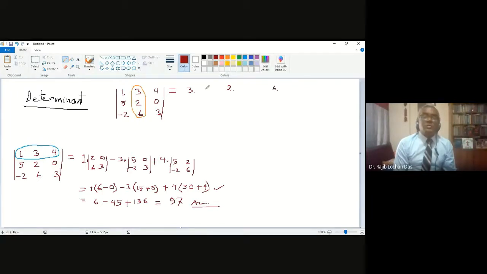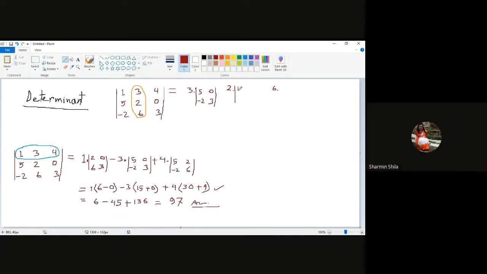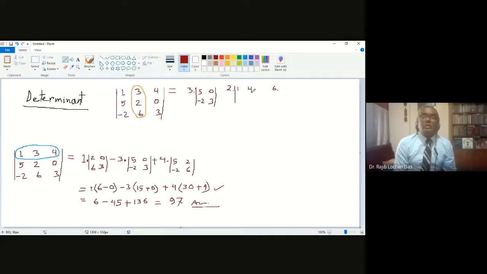So what will be the determinant with 3? 5, 0, minus 2, 3, correct. And then what will be the determinant with 2? 1, 4, minus 2, 3. You tell me, Abukar Dahir or Abdul Razak.